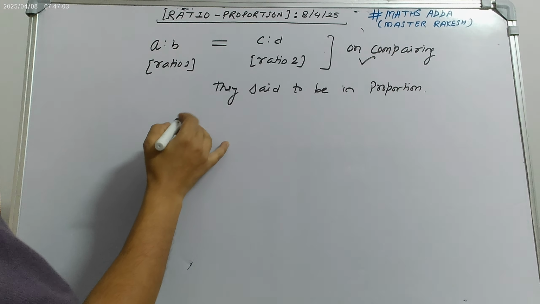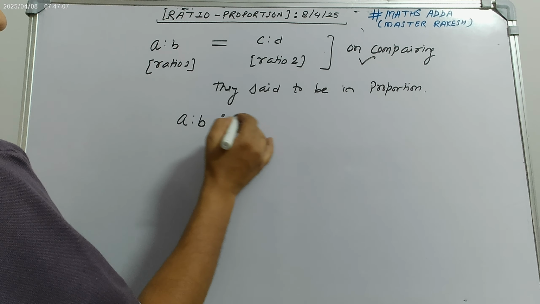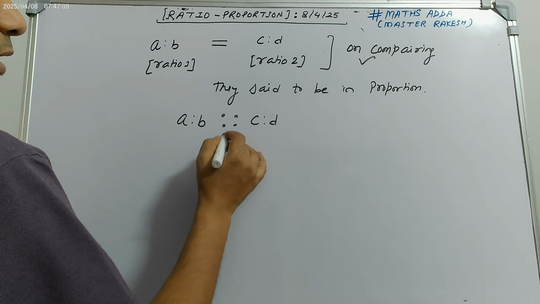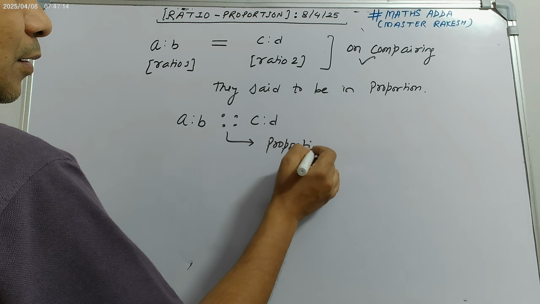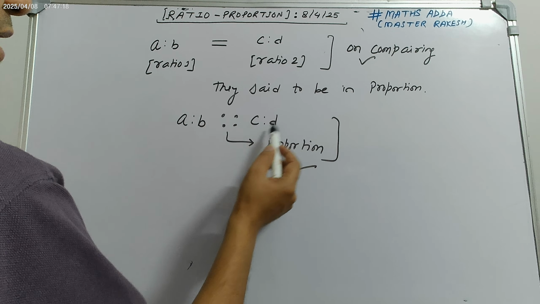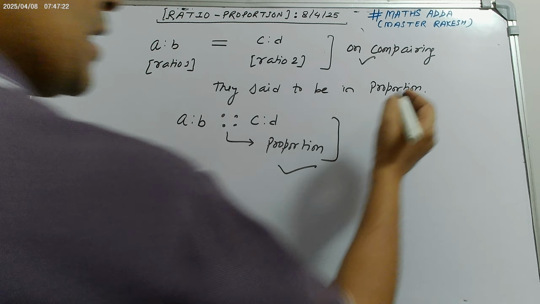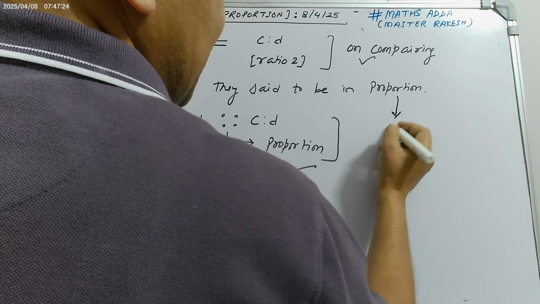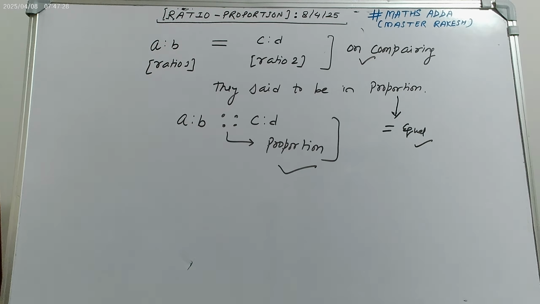It is shown with four dots between A ratio B and C ratio D. This is the symbol of proportion. So A is to B proportion C is to D. Proportion means equal.